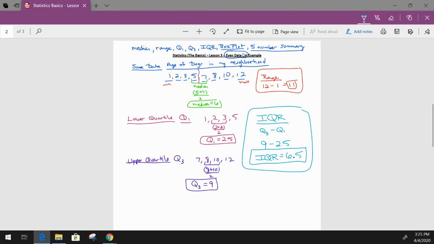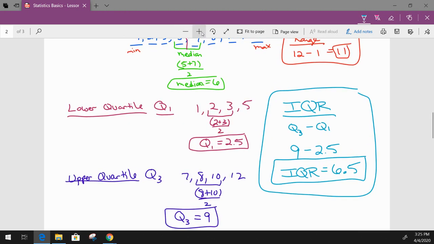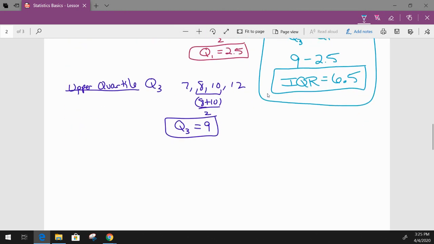So now we just need to do the five number summary and the box plot. Your 5 numbers come from the min value, Q1, median, Q3, and max.